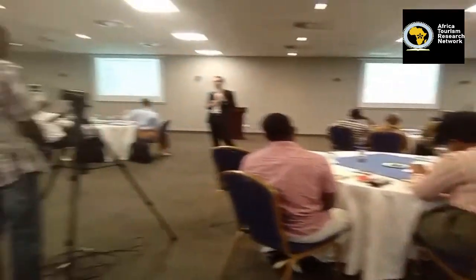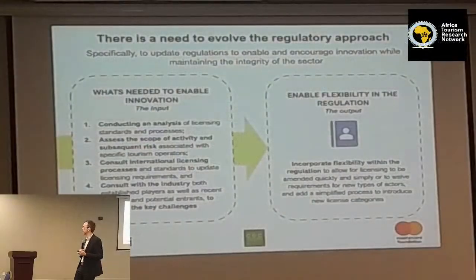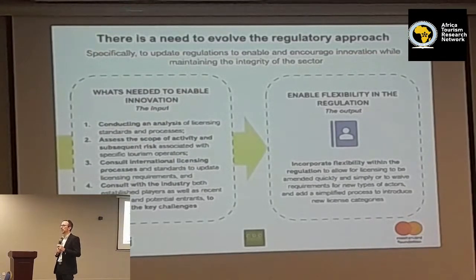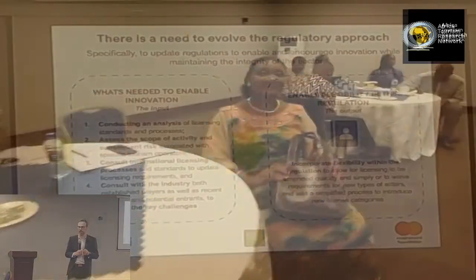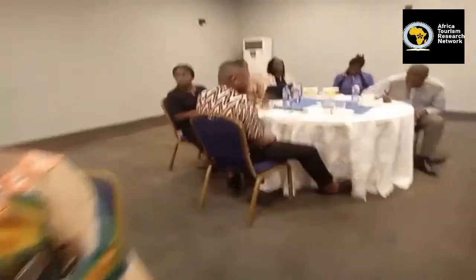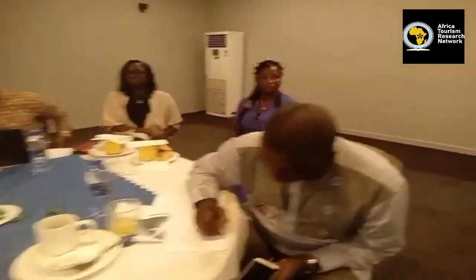And how to ensure that they are enabling of those innovations in different sectors, while still ensuring that they maintain standards, ensure that customers or tourists are protected, ensure the ongoing credibility and reliability of the sector remains important. But there are ways in which they can adapt the approach that they take.